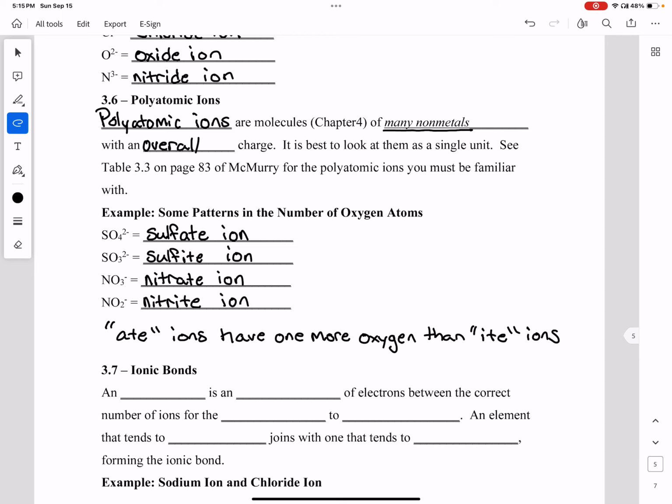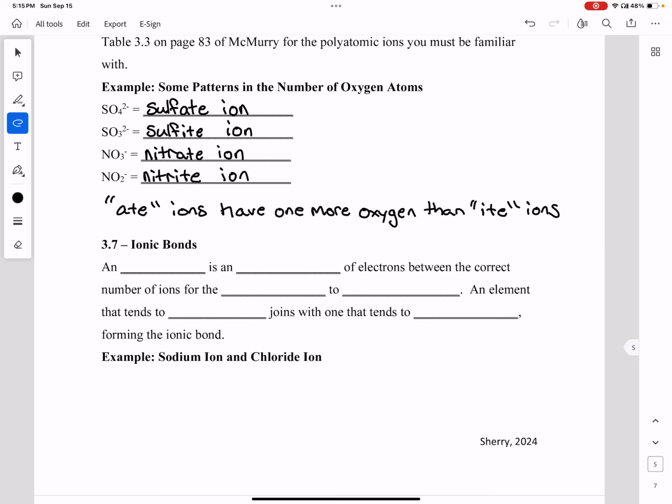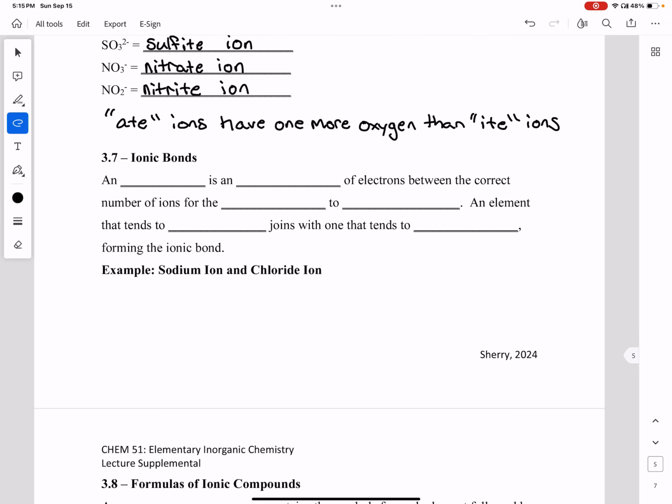So let's talk for a moment about what an ionic bond is. An ionic bond is an exchange of electrons between the correct number of ions for the overall charge to equal 0.